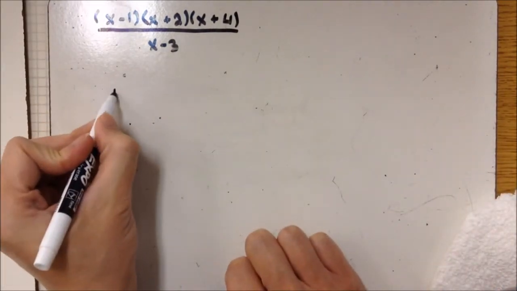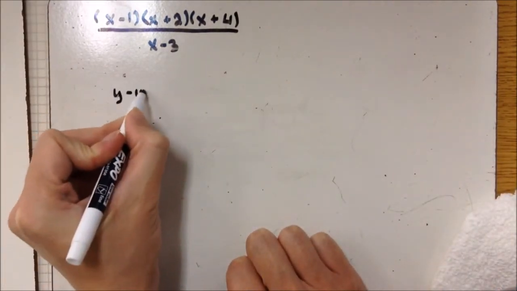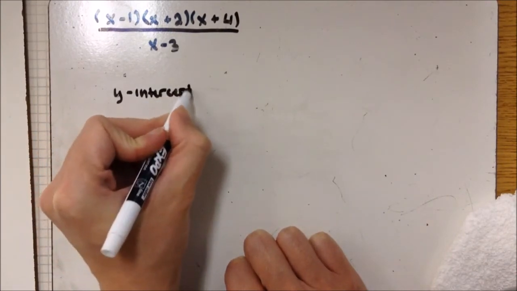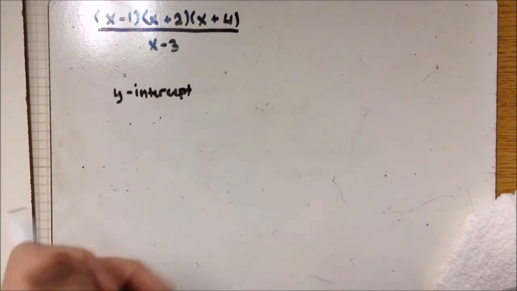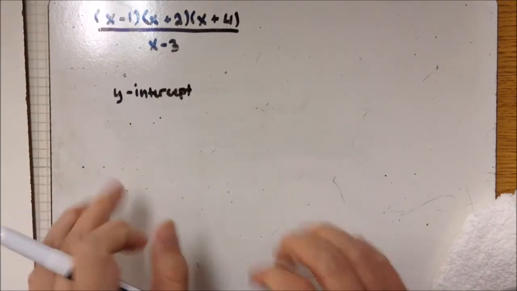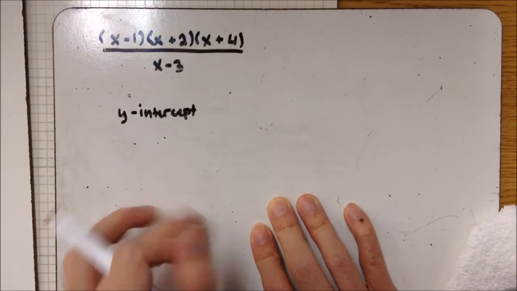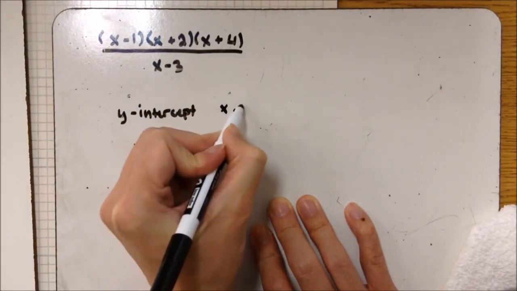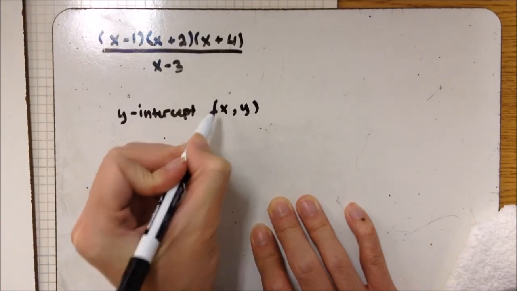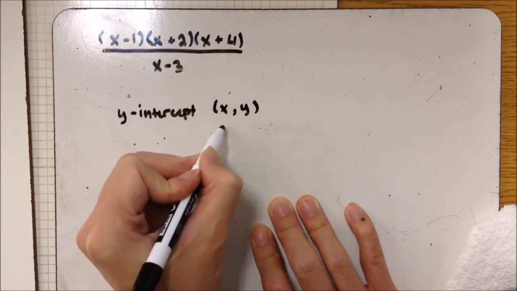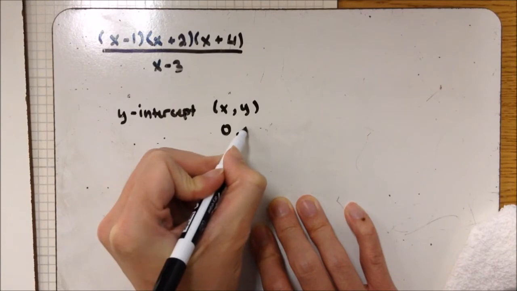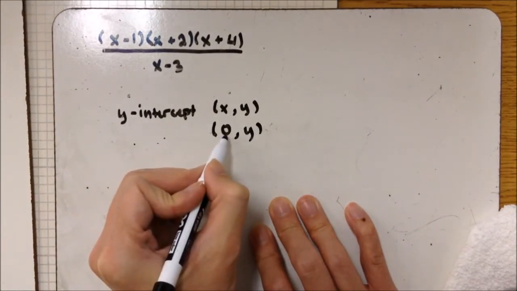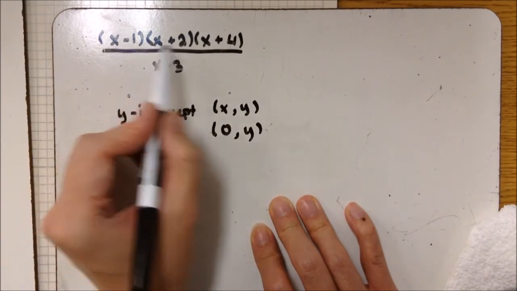The one thing you should always remember is that for the y-intercept, x is always 0. Intercepts, x or y, are always coordinate points, and we already know that x is always 0 and we need a value for y. So since x is always 0, we're going to plug 0 into all the x's.